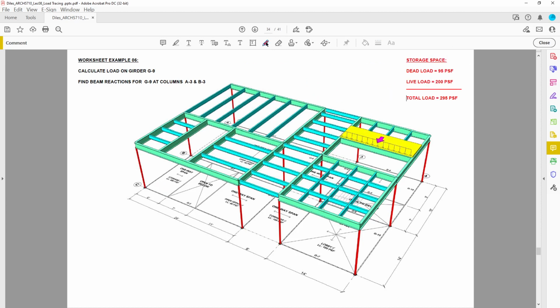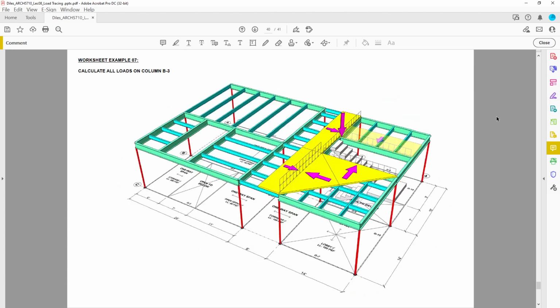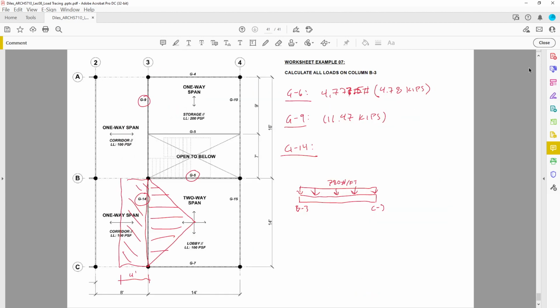So let me scroll down here. Okay. So we can just put that two-way span load here. I can get my markup to work again.